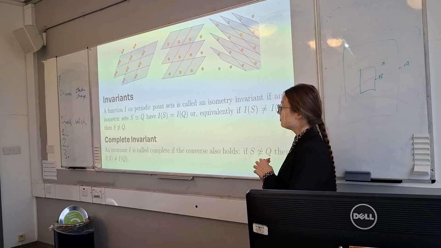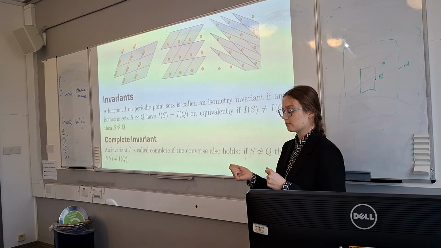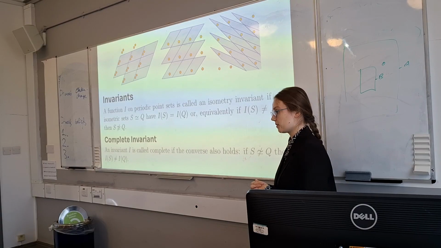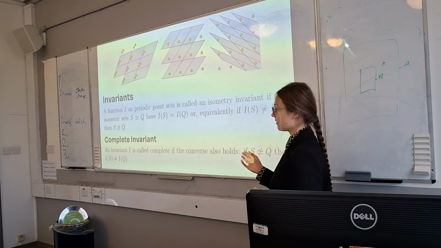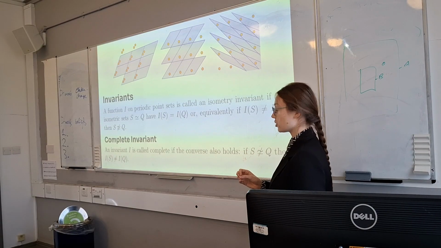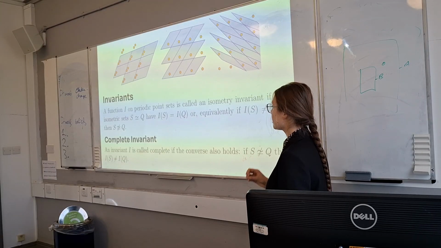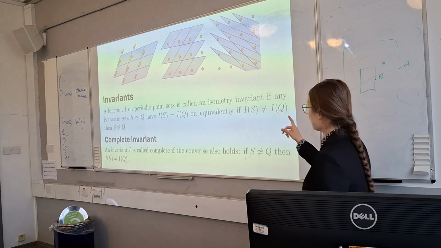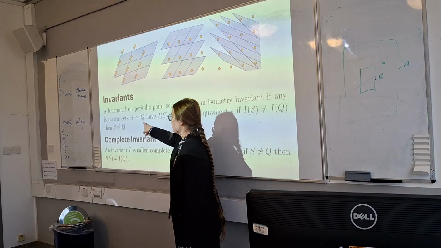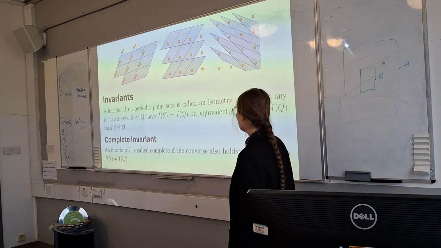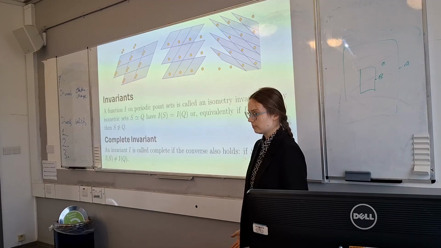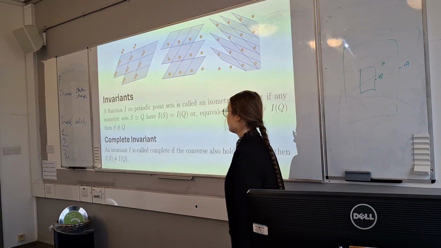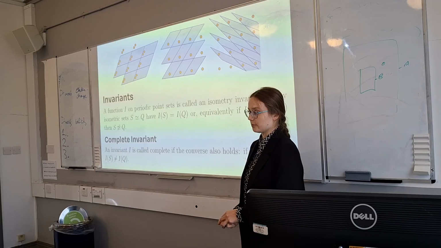But how do we tell if we've got some points, how are we going to tell if they are in the same equivalence class? Well, we're going to use invariance. An invariant is a function I on a periodic point set that is an isometry invariant if, when they're related under our equivalence relation, which in our case we're going to pick as isometry, then the values of the function are the same.